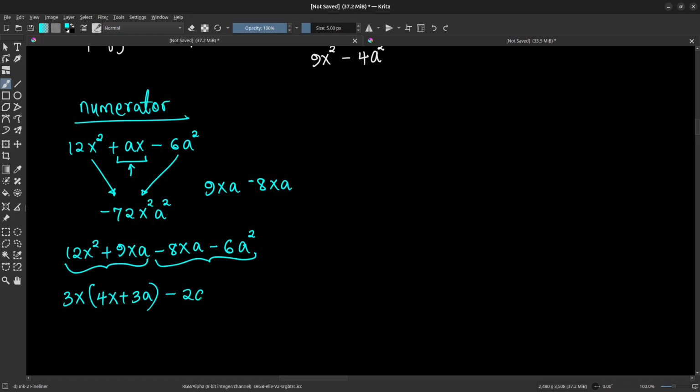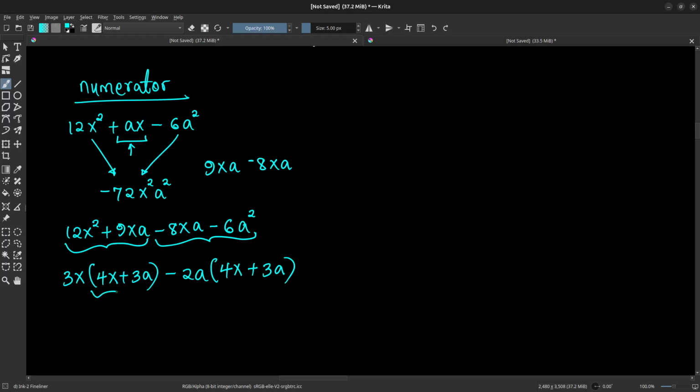So we factor that out, so that negative 8xa divided by negative 2a gives us 4x, and negative 6a squared divided by negative 2a gives us plus 3a. And then we notice that we have this 4x plus 3a here, and we also have it here.